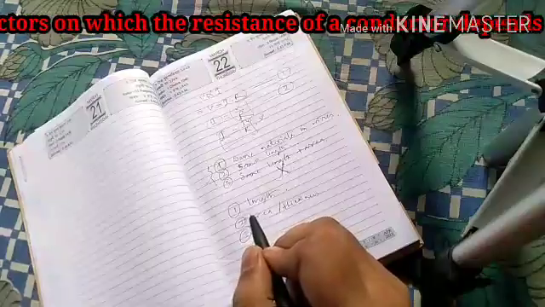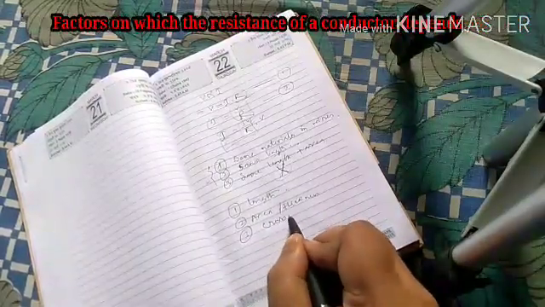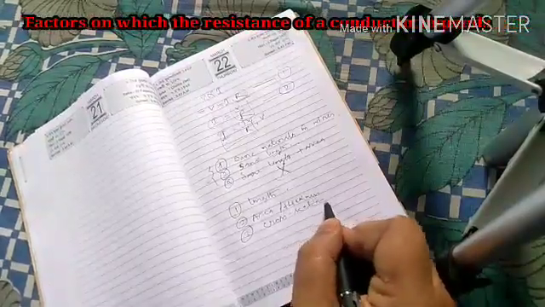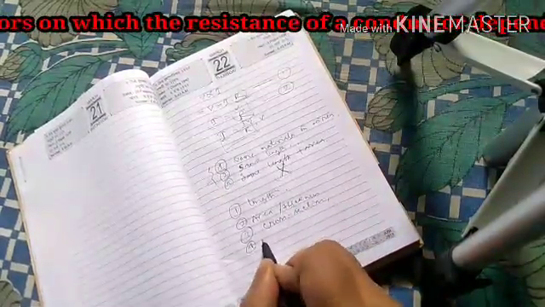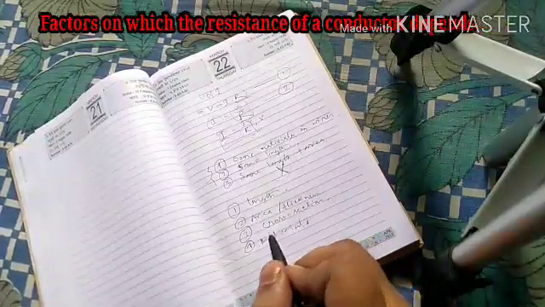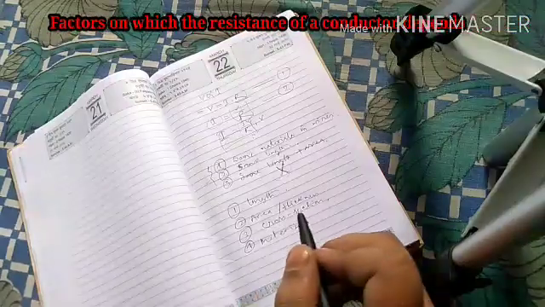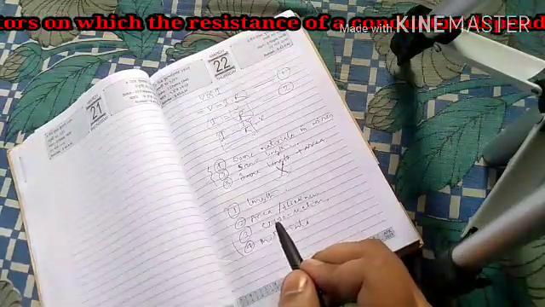And number 3, the area of the cross section. And we have already mentioned the material. All these factors affect the resistance reading in a circuit.